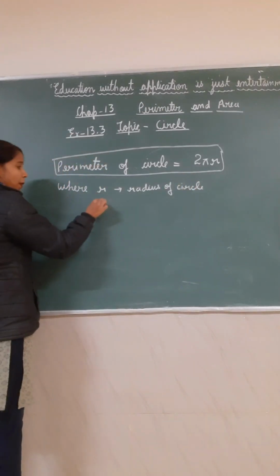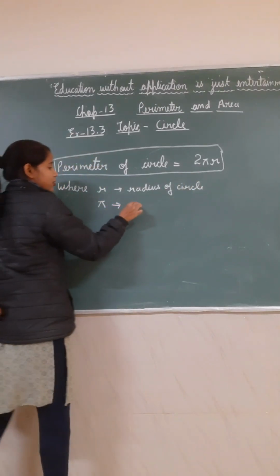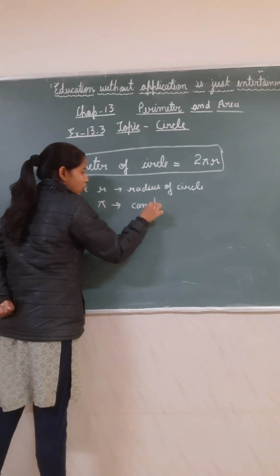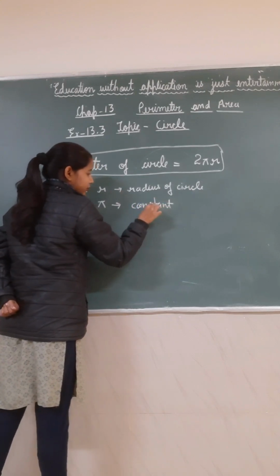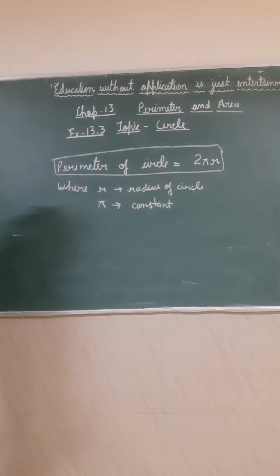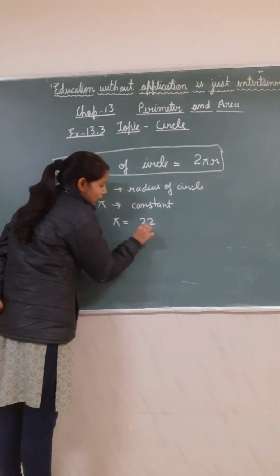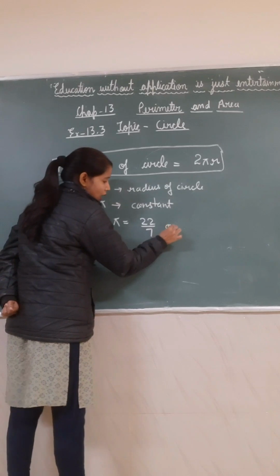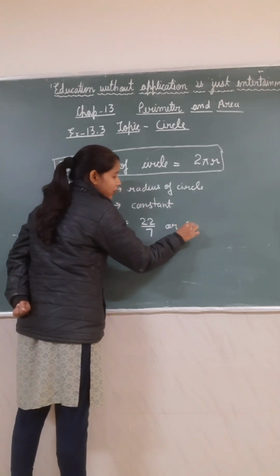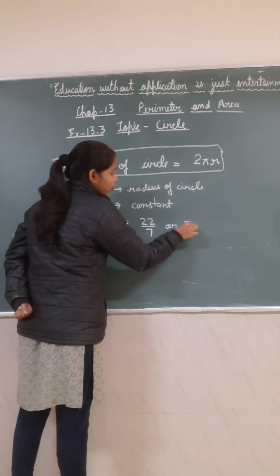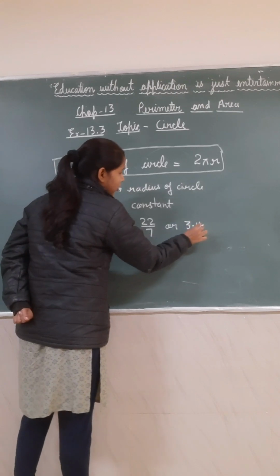And what is pi? Pi is a constant, and the value of pi is 22/7 or 3.14.